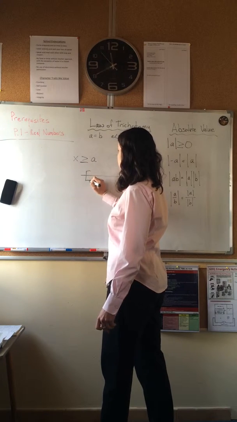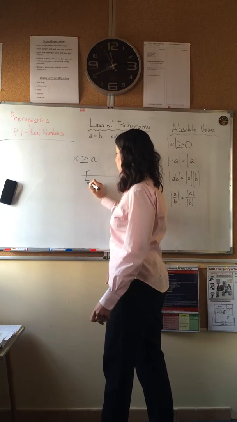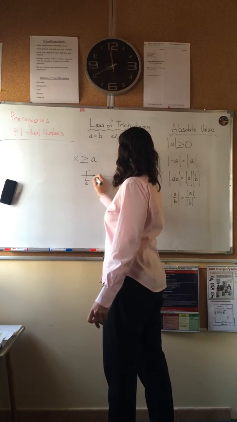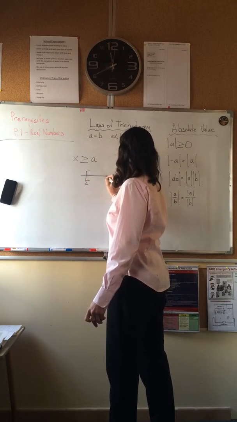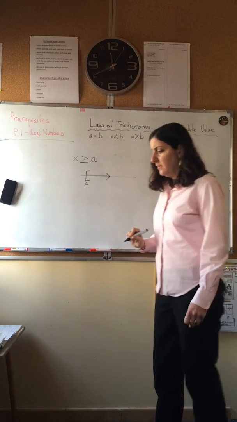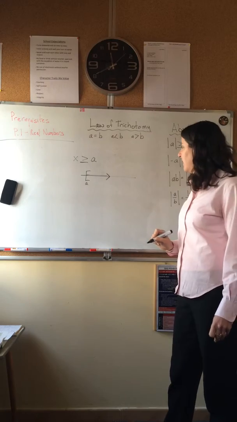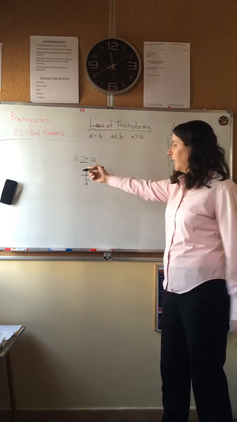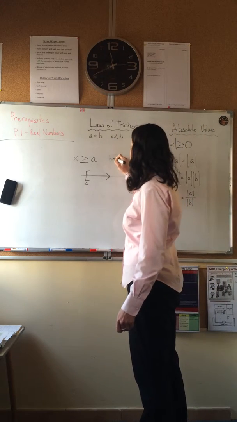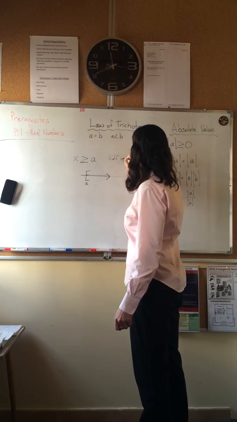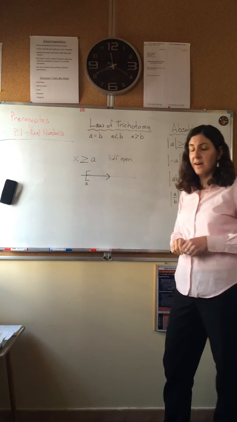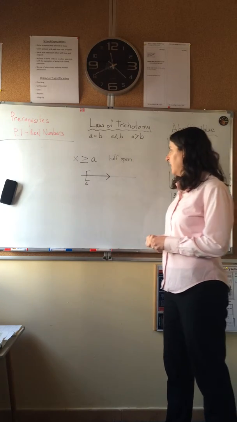It's going to be a closed bracket. This is going to be A. It's going to just go on. Difficult to see with this, but it will go on forever because it doesn't give you an end point to it. And this would also be half open because only one of the sides is included in it. We don't have another point.